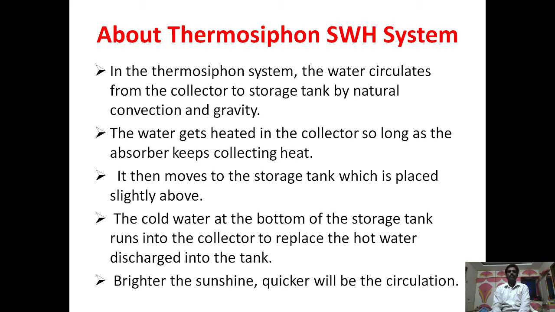The cold water at the bottom of the storage tank runs into the collector to replace the hot water that is discharged into the storage tank. Whenever the sunshine is bright, the circulation process will also be quicker. That means during sunny days only, the circulation process will be quicker.